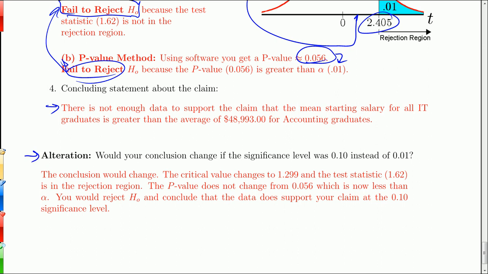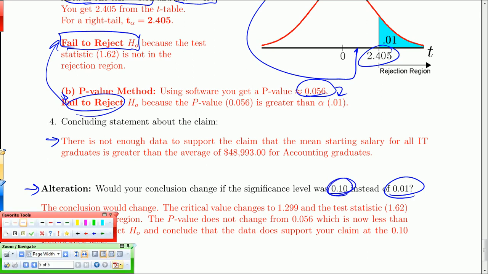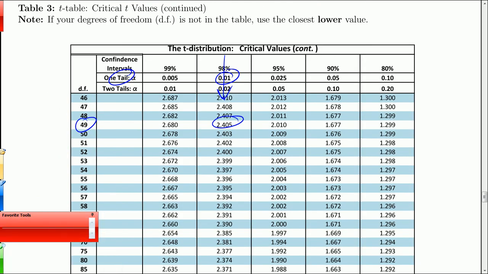Alteration: would your conclusion change if the significance level was 0.10 instead of 0.01? Well, let's see. What would be my critical value, right? If I was at 0.10 instead of 0.01, my critical value would be from this column. One tail, 0.10, it would be 1.299.